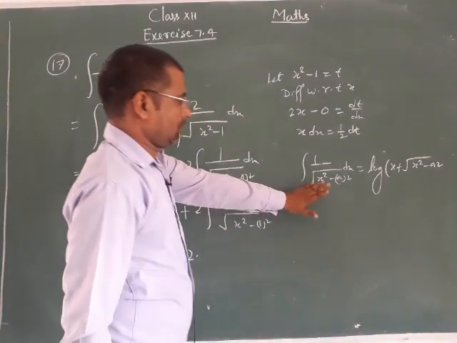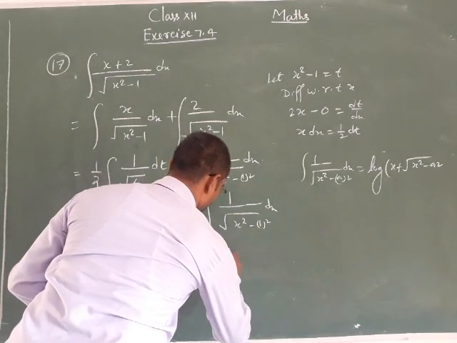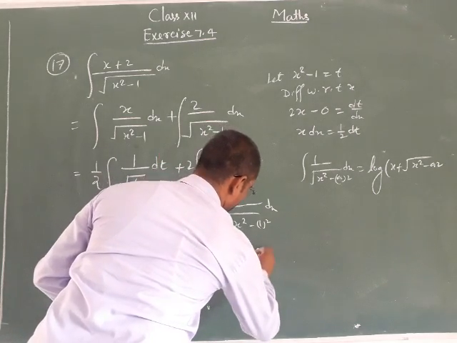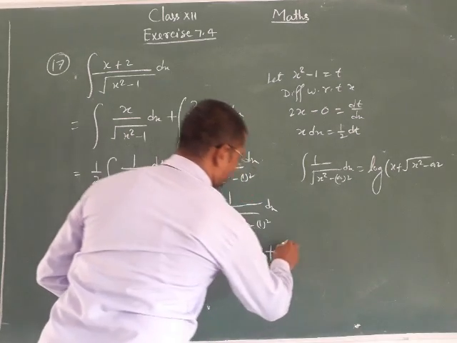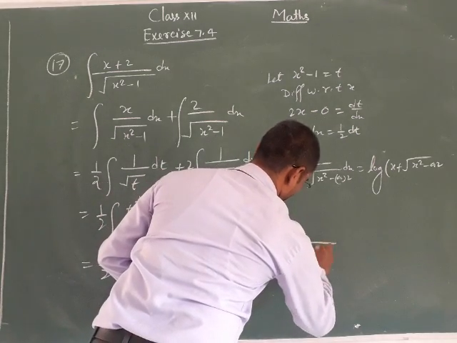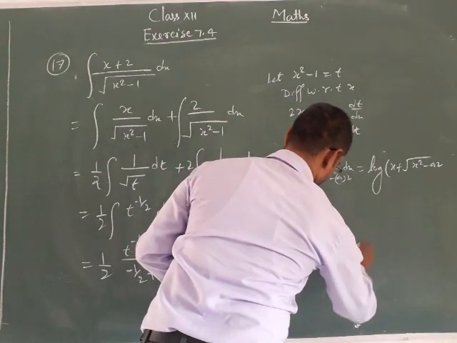Using this formula we get log of x plus root x square minus 1 square, plus c.